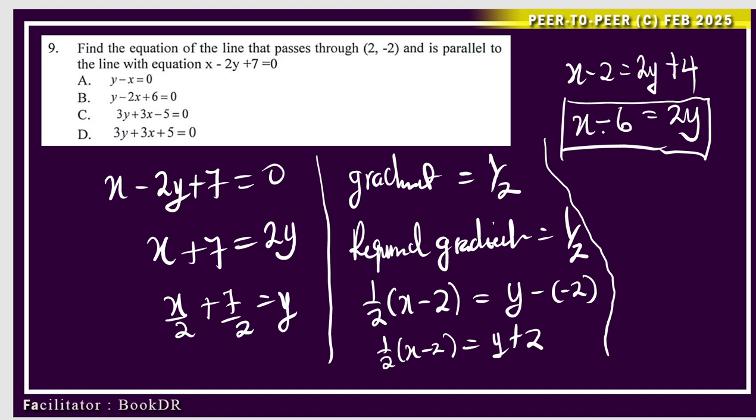So 2y is equal to x minus 6. Grouping all at one side, we have 2y minus x plus 6 is equal to 0. That one too is not provided in the options. If you divide through by 2, you have y equals half x minus 3. So the answer is not in the options.